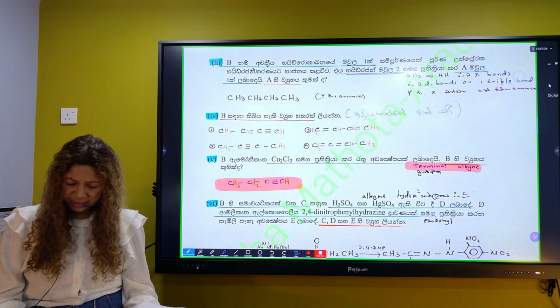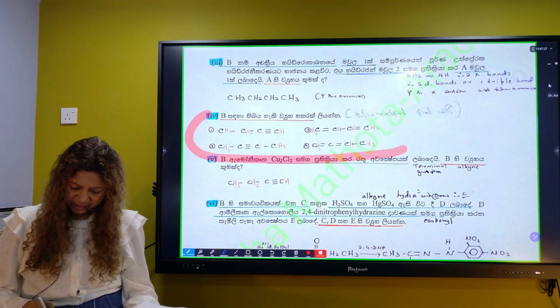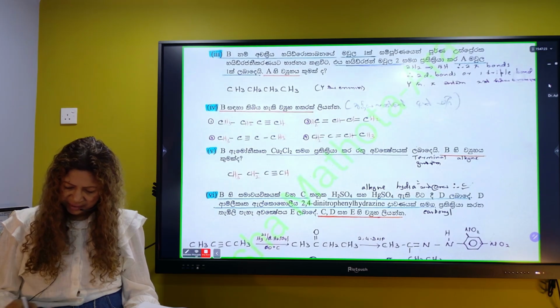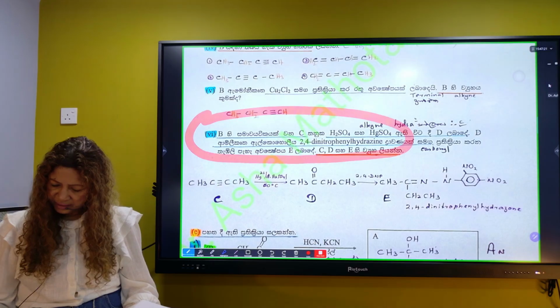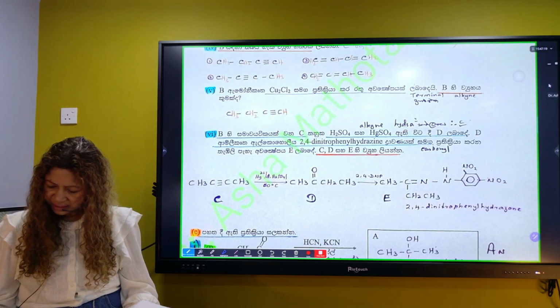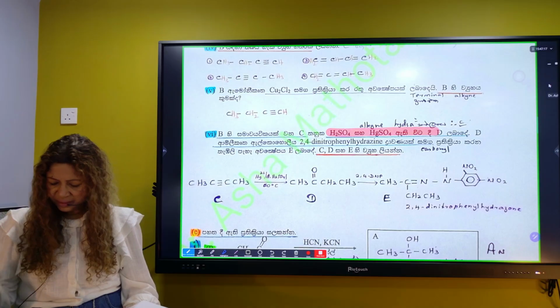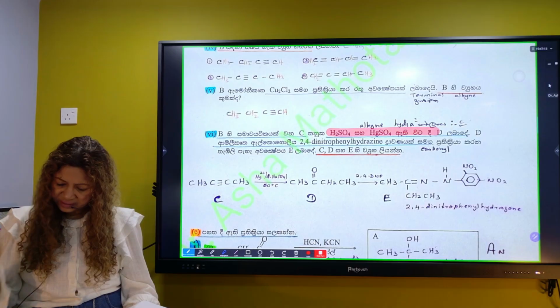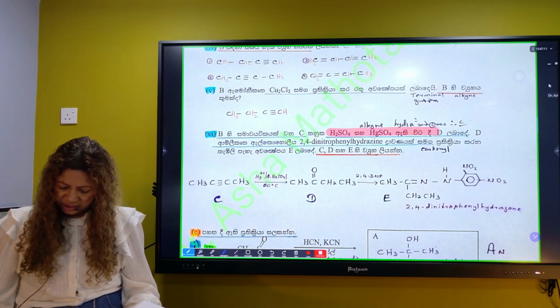Okay. So now we are concentrating on this B here. They say an isomer of B is C, which goes through alkyne hydration to get D, and with D it gives this orange color.